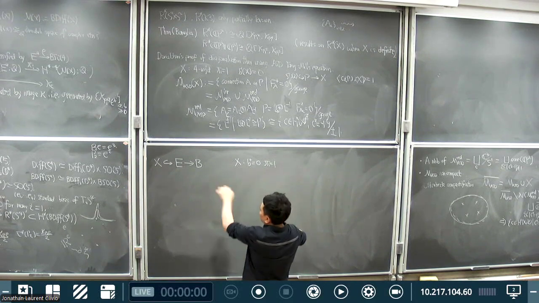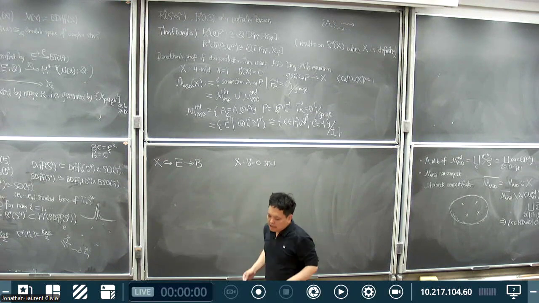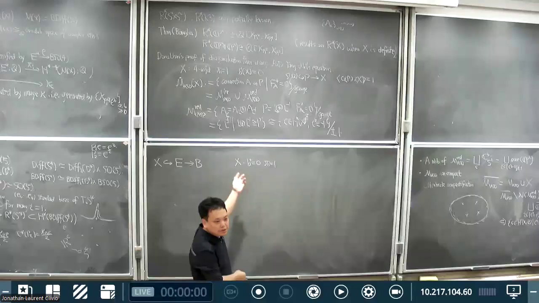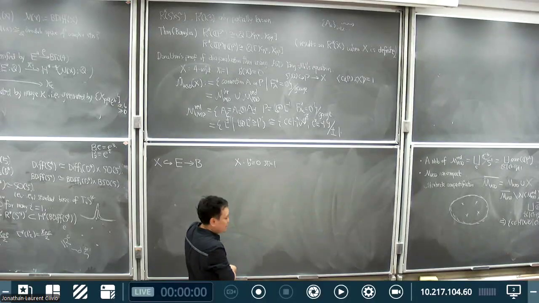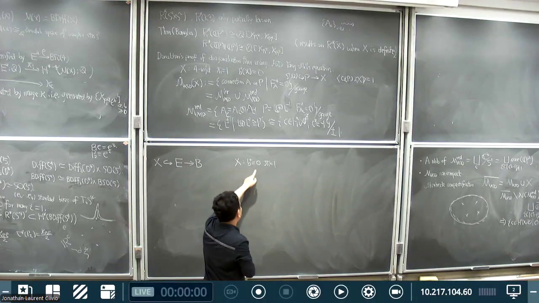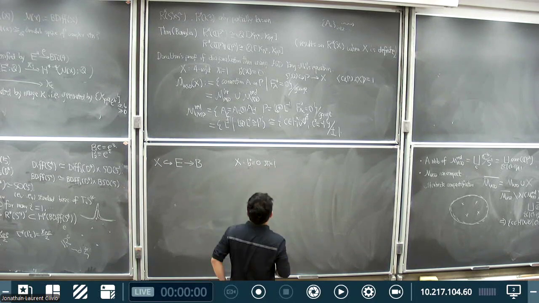Actually, you can just assume X is a connected sum of several CP2 bar. We're trying to classify CP2 bar bundles. So X satisfies these conditions.